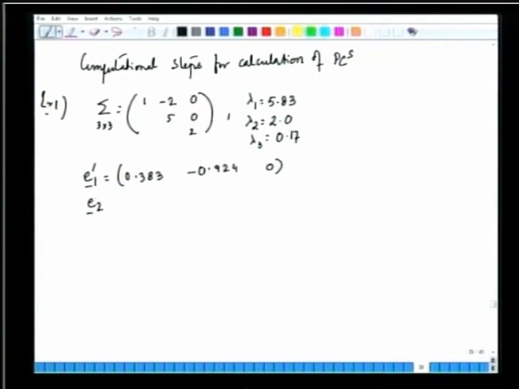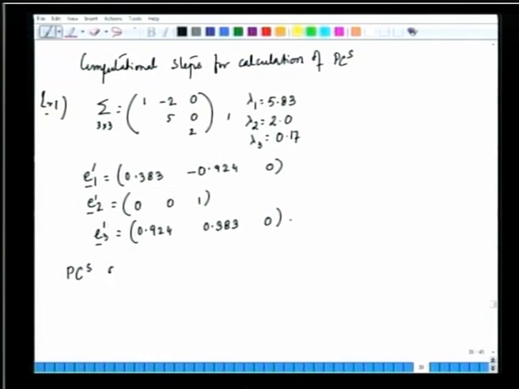The second orthonormal eigenvector, corresponding to the second highest eigenvalue, which is equal to 2, is E2 equal to 0, 0, 1, and E3 similarly is 0.924, 0.383 and 0. If I know this, I know all three PCs.